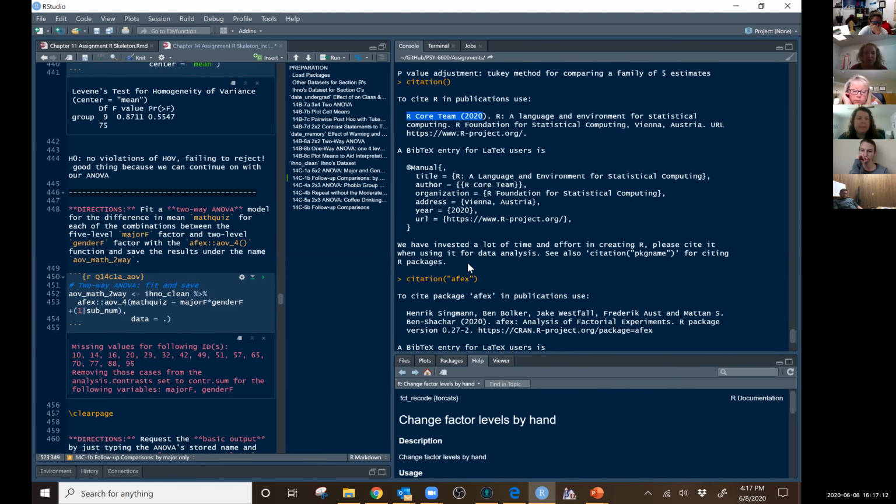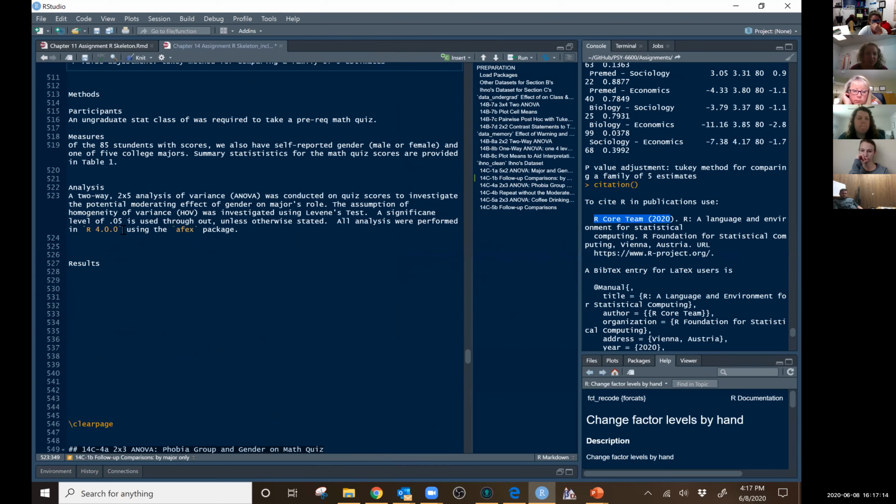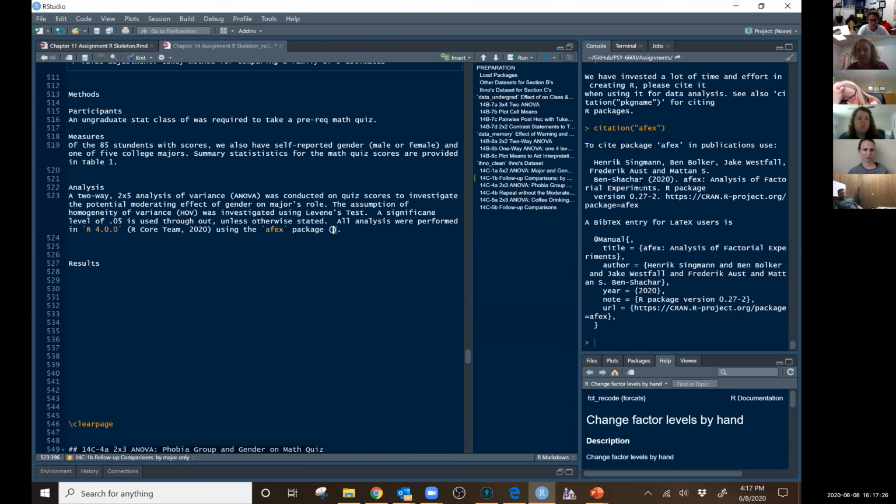Let's see, now we're on to 2020. This should be cited R Core Team. I don't expect this on the test or the homework, but you don't have to cite every package, just the key ones that are crucial, you couldn't do anything without.